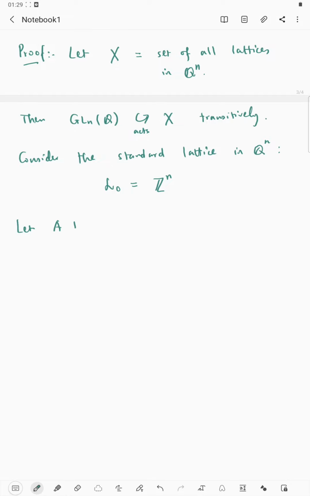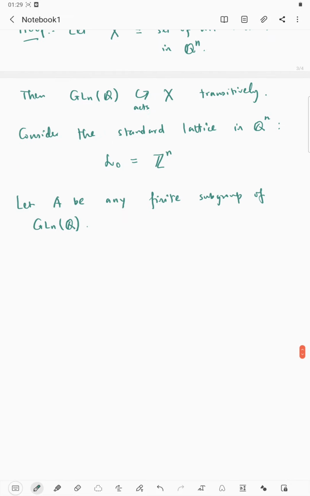Now let A be any finite subgroup of GL_n(Q). So we have to show that A is conjugate to a subgroup of GL_n(Z), right?